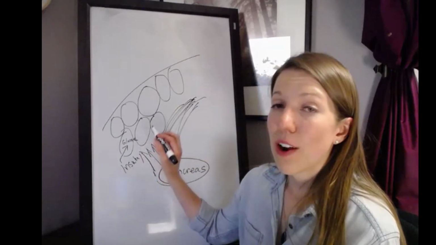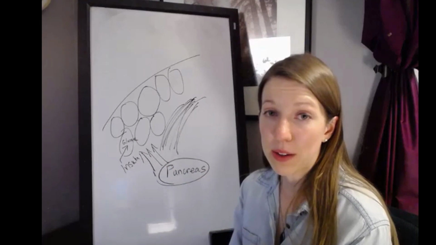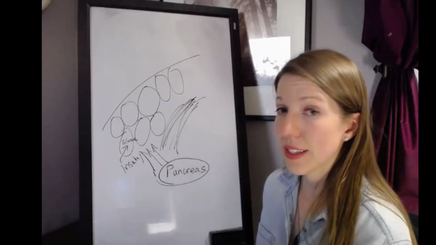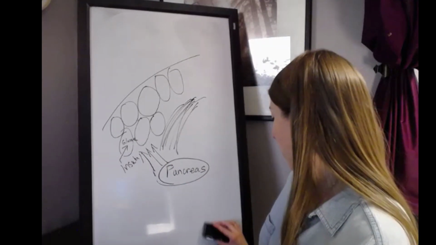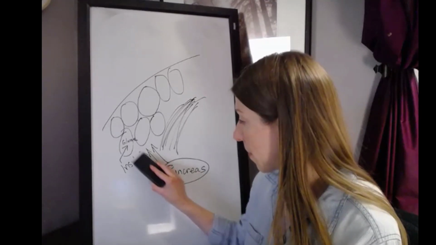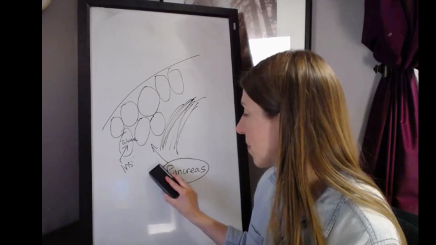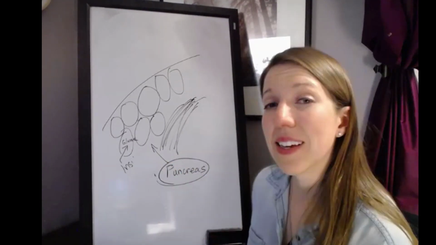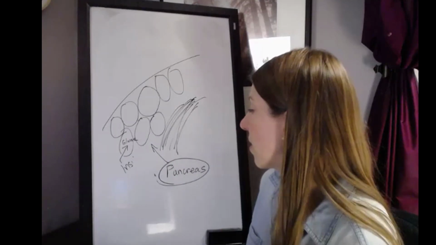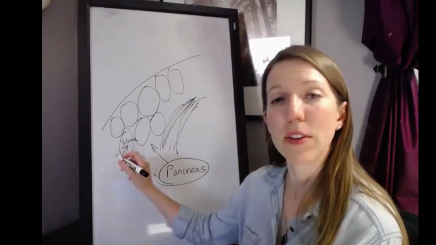So this is our resistant model. Our sensitive model is, let's say, someone who is genetically gifted, okay? Their pancreas only has to secrete a little bit of insulin. And the cell responds.